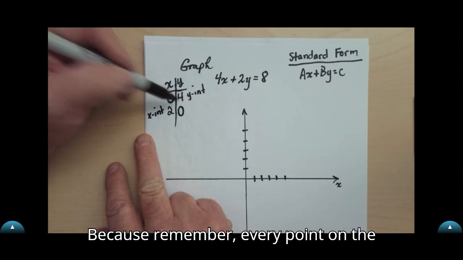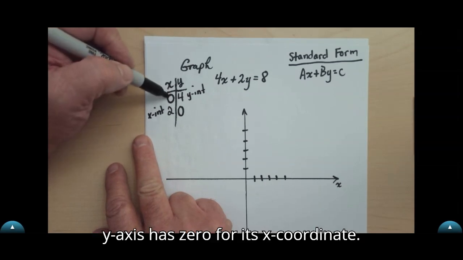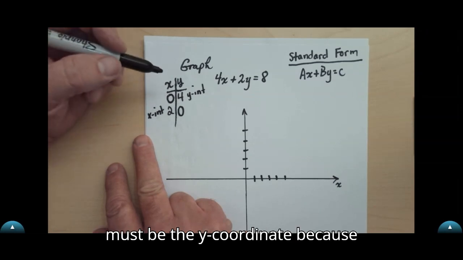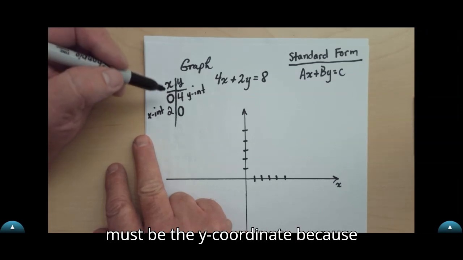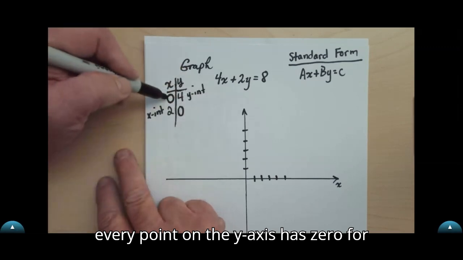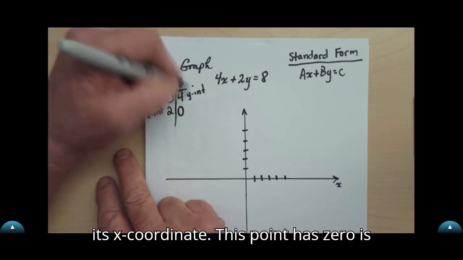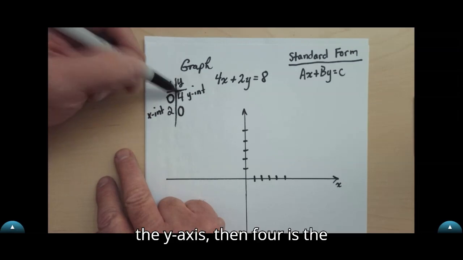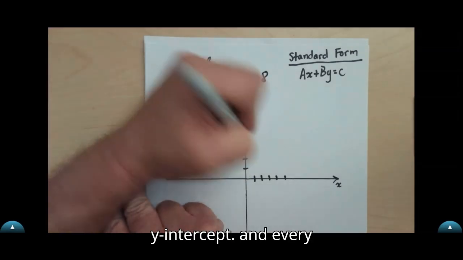Because remember, every point on the y-axis has 0 for its x-coordinate. Well, this is the ordered pair (0, 4). This point has 0 as its x-coordinate, so that's a point on the y-axis. Then 4 must be the y-intercept.